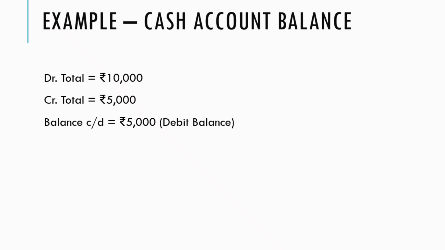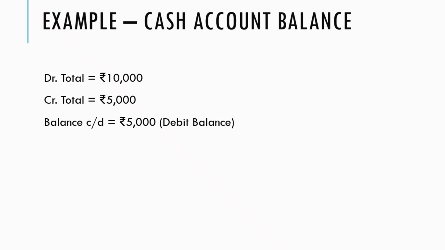So here the debit side is more than the credit side, so we have a debit balance, that means a positive balance. So it will be written as balance carried down 5,000, and in the next period's account we are going to write balance brought down 5,000, cash account balance.